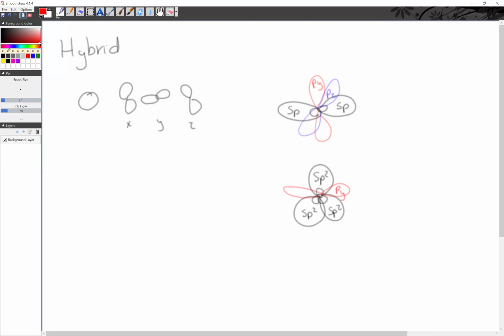And then if you had four, you would have four sp3s and no atomics left. So this looks like this. This one looks like this. And this one looks like that.